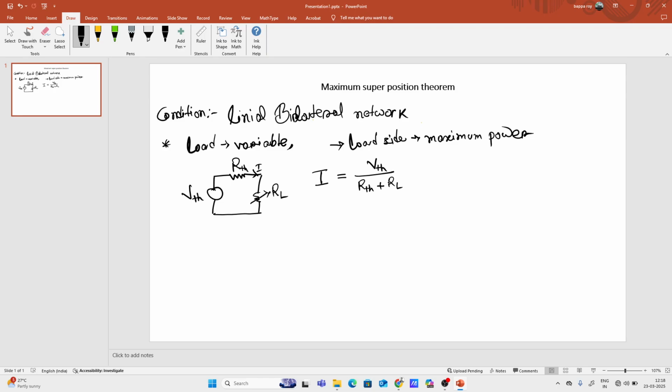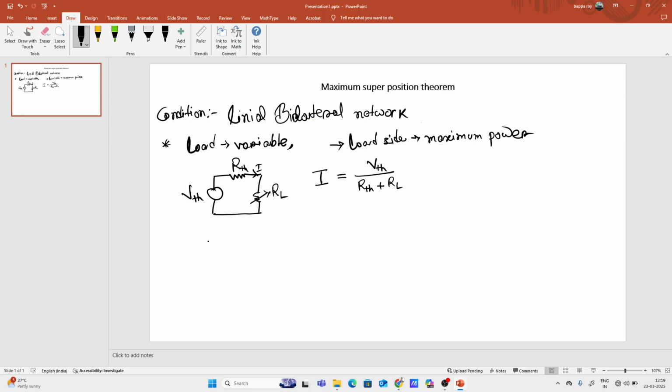VTH is Thevenin's voltage. RTH is Thevenin's resistance when there is no source. I'm assuming that you know how to calculate this VTH and RTH.